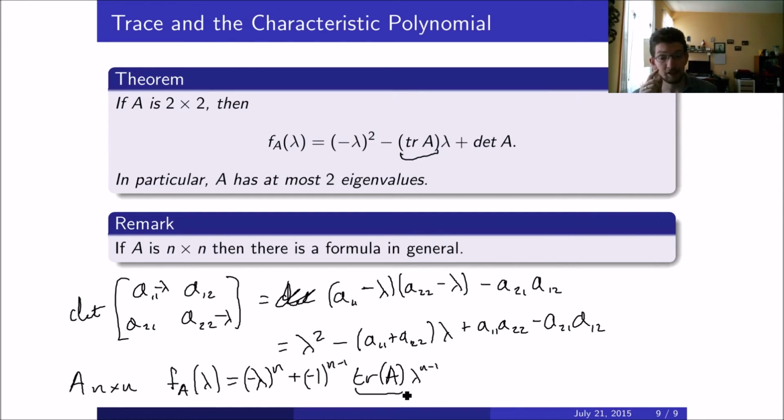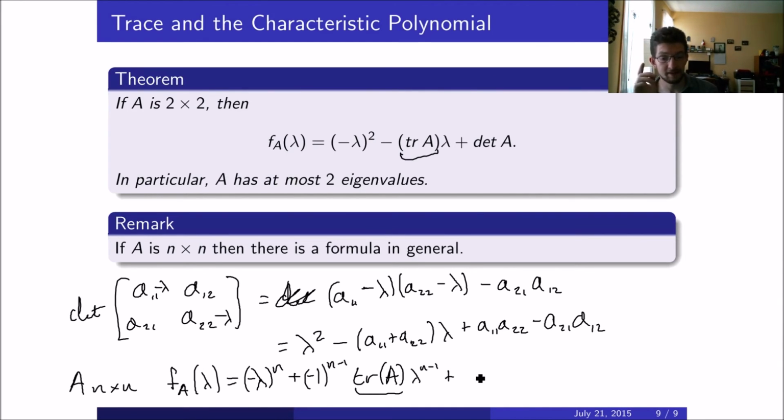So I know what the second term of my polynomial is. It has the trace with a sign depending on the n. I always know that.